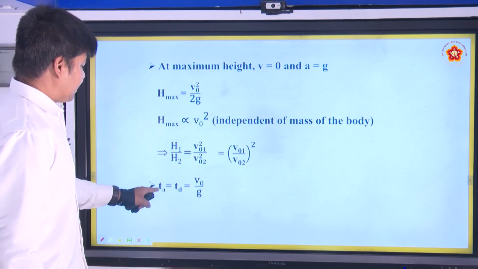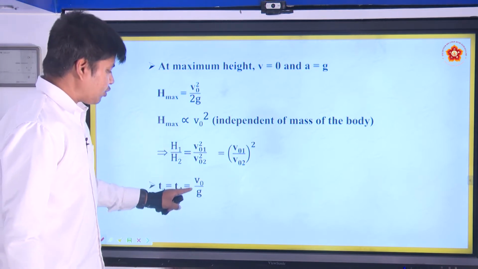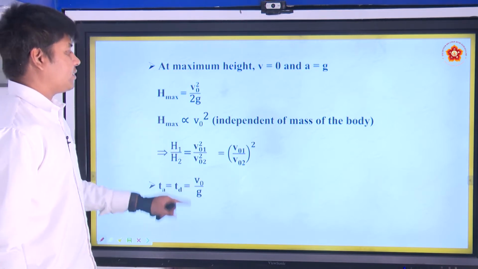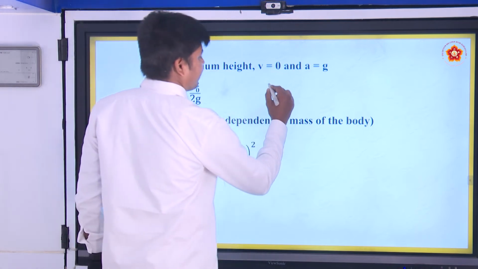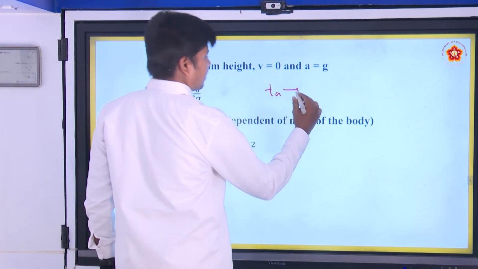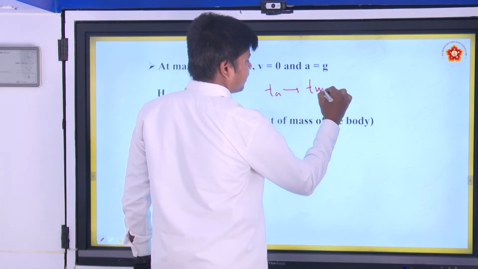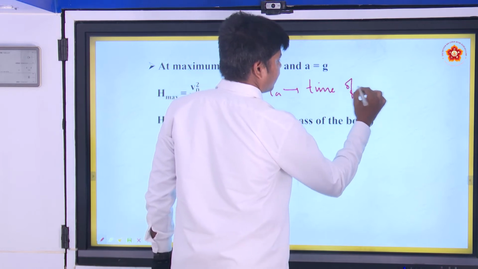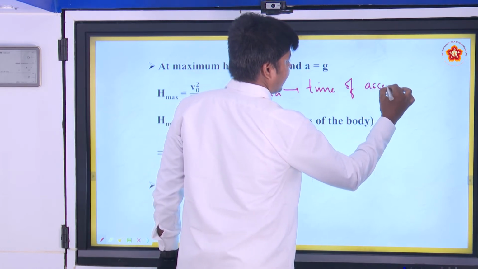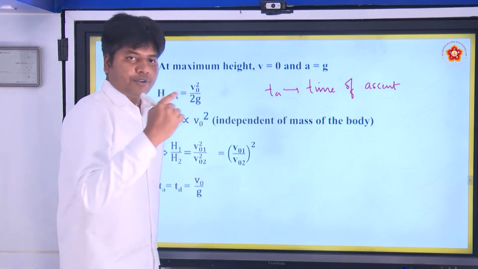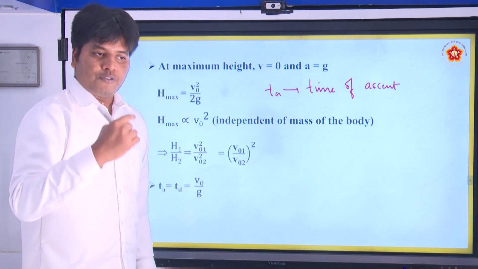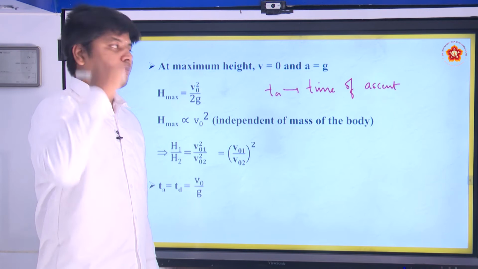So TA equal to TD equal to v0 by g. What is TA and what is TD? TA is nothing but the time of ascent. Time of ascent means the time it took from the ground to reach the maximum point.